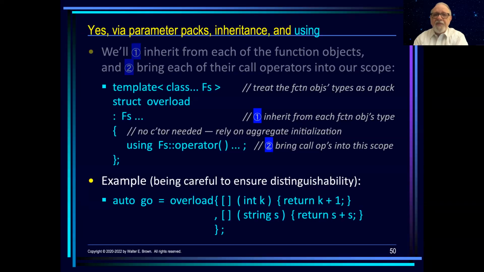I mean, there are a couple of caveats. We have to be sure that none of these function object types are marked final, because then we couldn't inherit from them. That's relatively uncommon in my experience. So there are just a couple of restrictions, but nonetheless, this is all it takes.